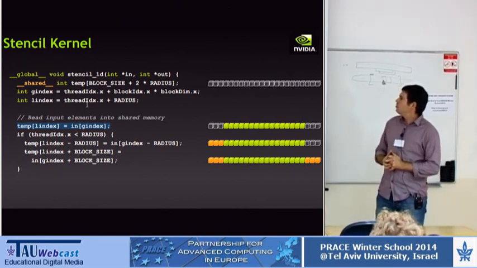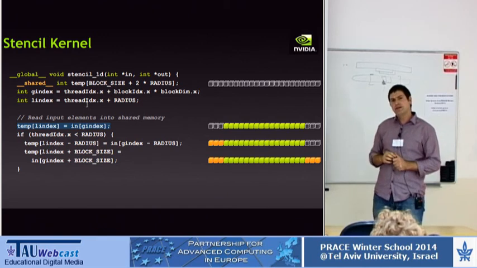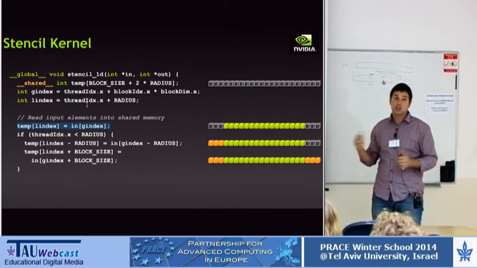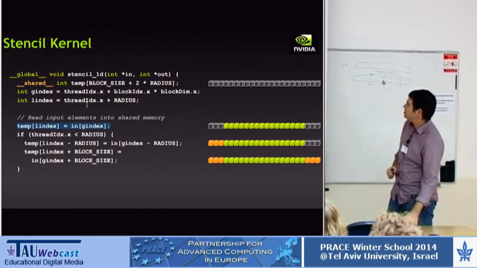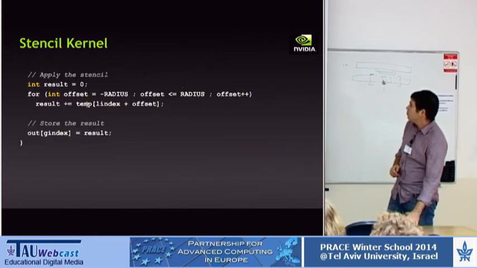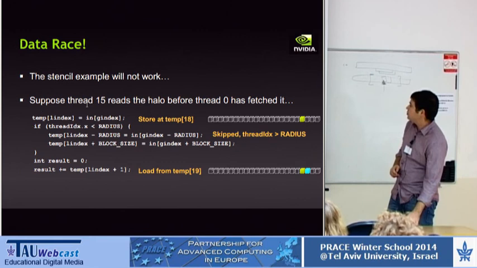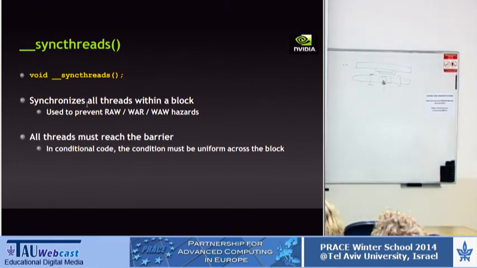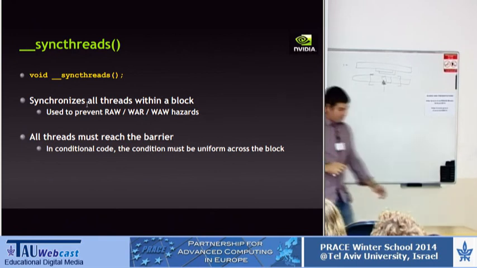So how do I know that the other thread brought the data it was supposed to bring to me? It needed to finish first to bring the data before I can use it. So this is a data race, and this is why we said that these threads can share information, but they also can synchronize. What you have to do is add into the code a function called sync threads.